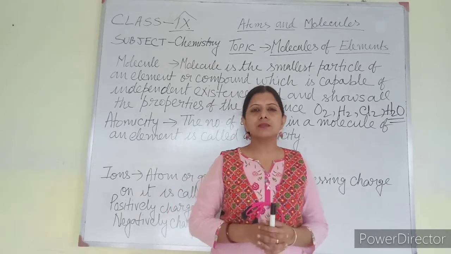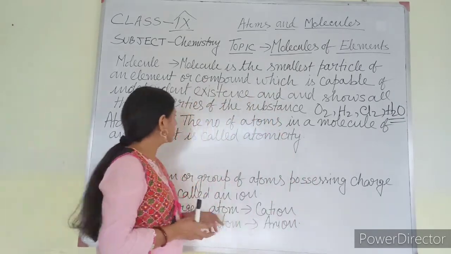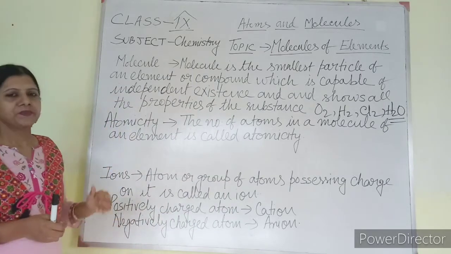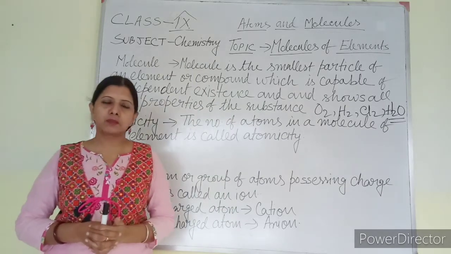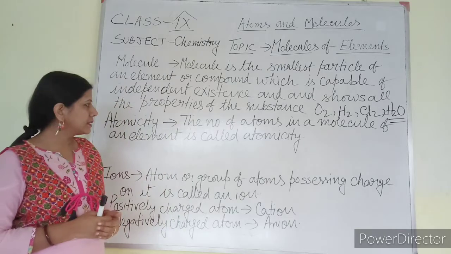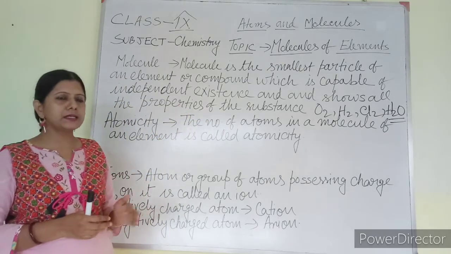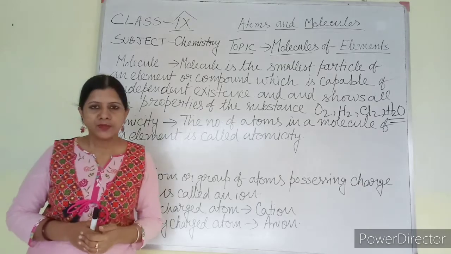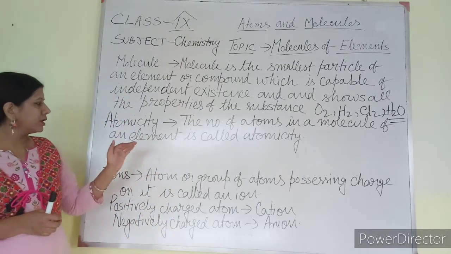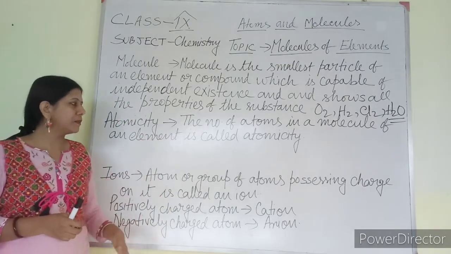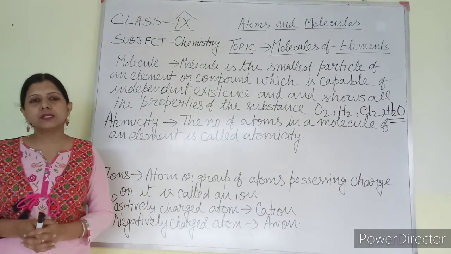The next term that you have to learn is known as atomicity. This term you have to remember properly. What is atomicity? The number of atoms in a molecule of an element. It can be a compound also. The number of atoms in a molecule of an element or compound is called its atomicity.